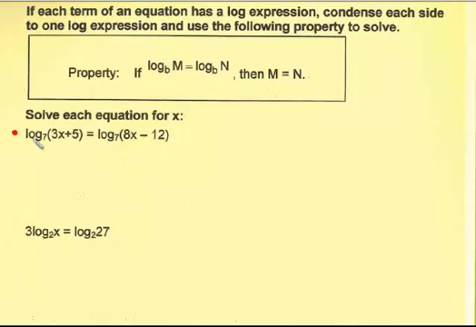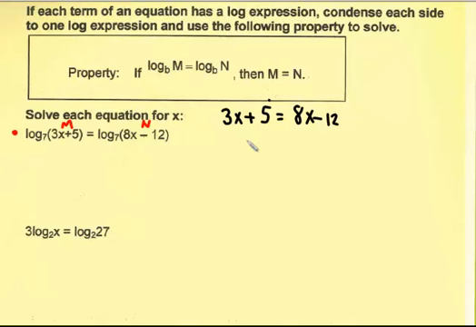Looking at this equation, notice that log base 7 of 3x plus 5 is equal to log base 7 of 8x minus 12. These logs are already condensed. The 3x plus 5 would be like the m in the property, and the 8x minus 12 would be the n. So let's set those equal to each other and solve.